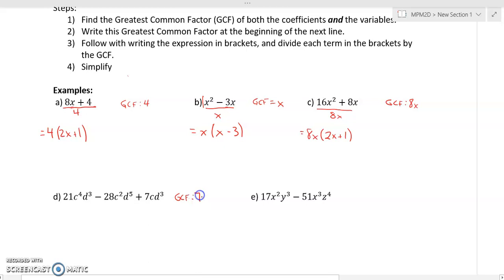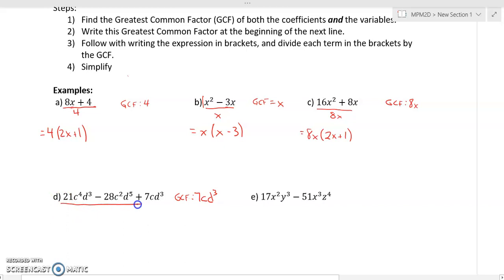So this is going to be 7 something. How many c's? I've got 1, 2, and 4, so 1 we'll divide in. And then d, I've got 3, 5, and 3. So I can actually divide d cubed, or 3 d's, out of it. So I can divide 7cd cubed out of all three of those terms and still be left with some whole numbers.